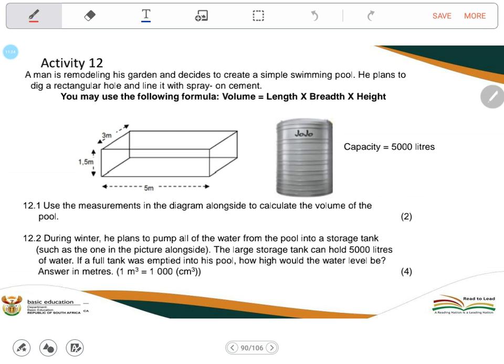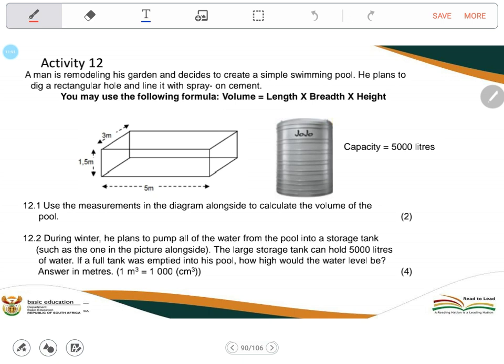You may use the following formula: volume is equals to length times breadth times height. And so we see that we have a swimming pool here that is a rectangular prism, whilst we also have a tank which is a cylinder. And we're told that this tank holds 5,000 liters.